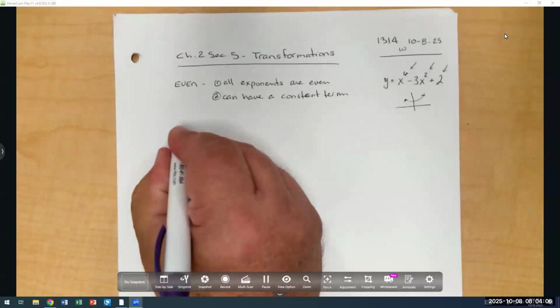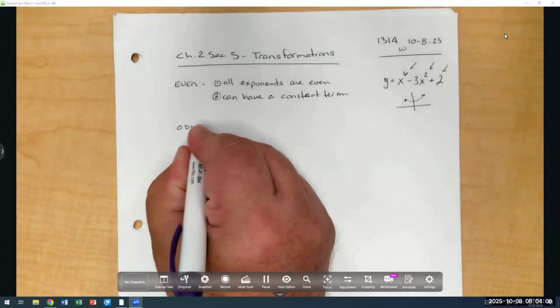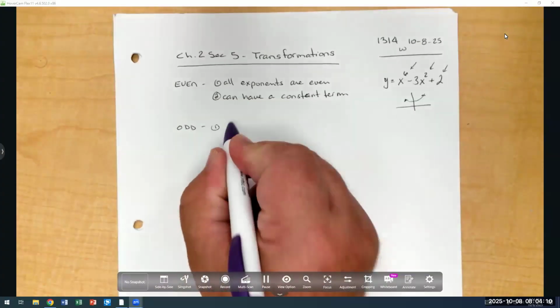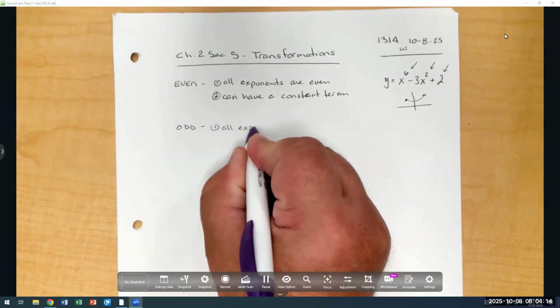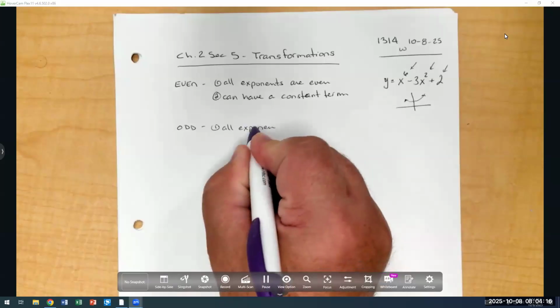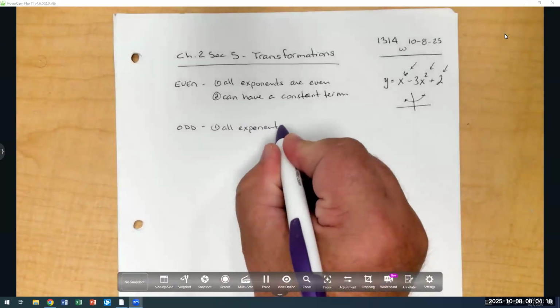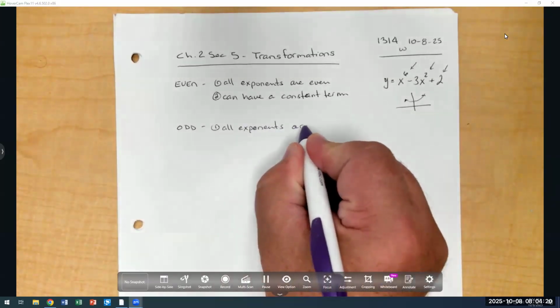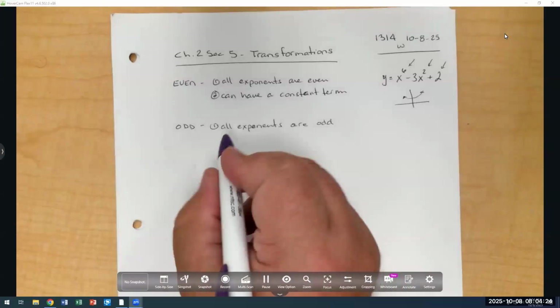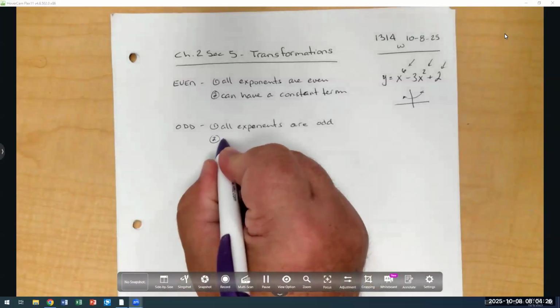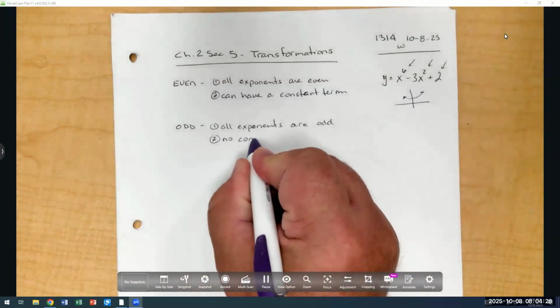An odd function only has all exponents that are odd. No constant term.